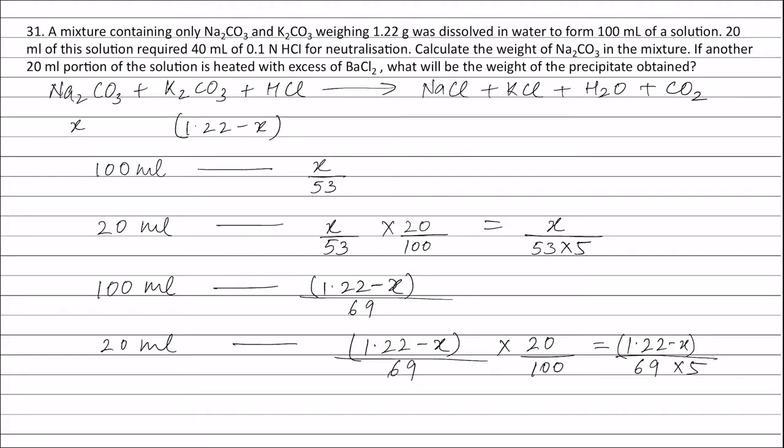Since both sodium carbonate and potassium carbonate react with HCl, therefore equivalents of sodium carbonate plus equivalents of potassium carbonate will be equal to equivalents of HCl, and this is equal to x by 53 into 5 plus 1.22 minus x divided by 69 into 5 equals equivalents of HCl.